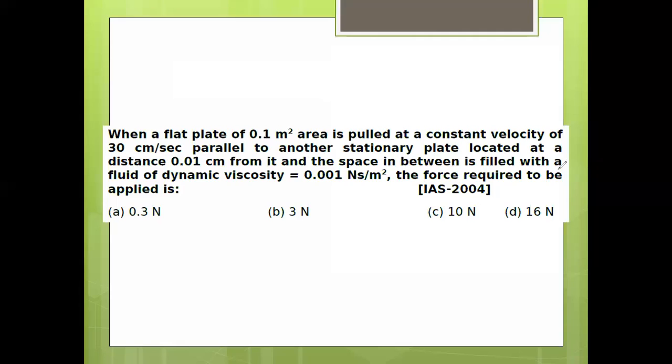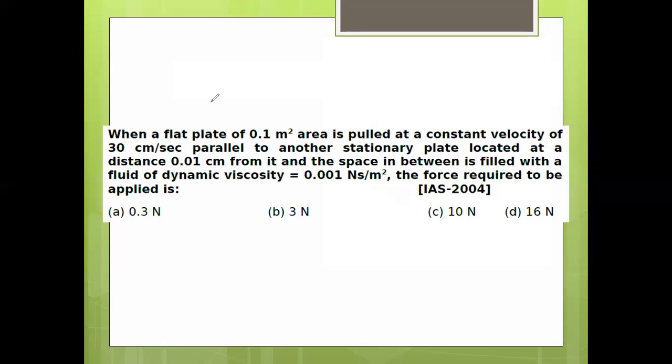Other students also solve this. One, two, three, four, five, six, 7, 8, 9, 10, 11, 12, 13, 14. 14 students till now have given their answers in the chat box, and all of them except one, I think, have got the correct answer.